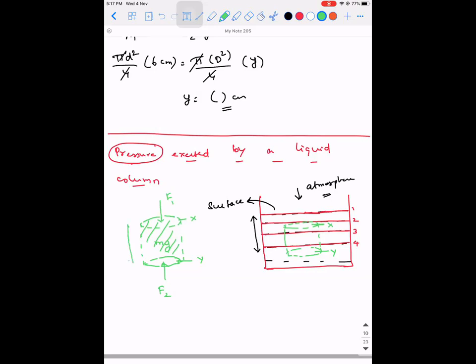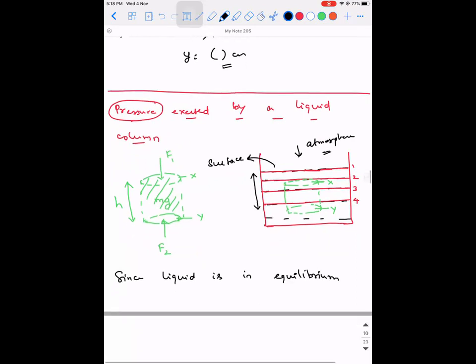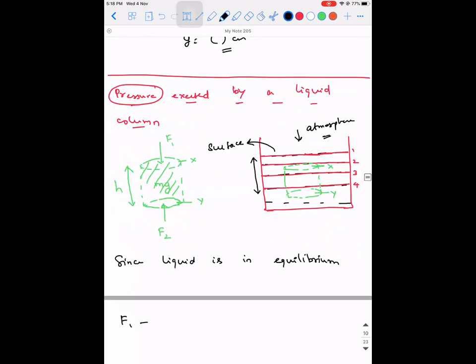So if I say the height of the liquid column which I have considered is H. Since the liquid is in equilibrium, can I say F1 plus mg is balanced by F2?